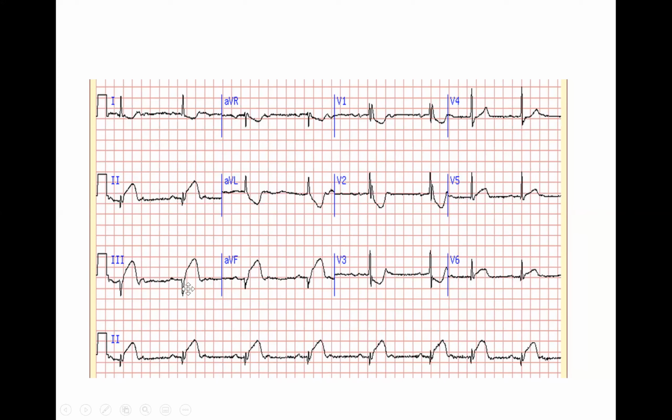Okay, so we said inferior. I think this is a paced rhythm, but usually in a paced rhythm, most probably there is an LBBB spike pattern. Like in this, it looks like an RBBB pattern, maybe some sort of CRT functioning. I don't know. A small spike before pacing QRS.